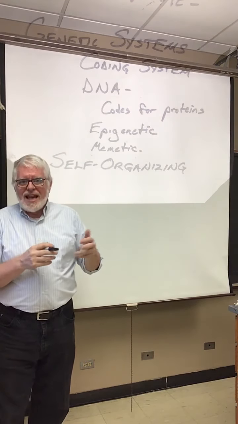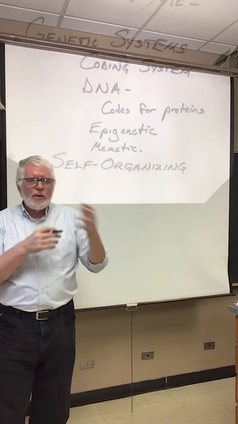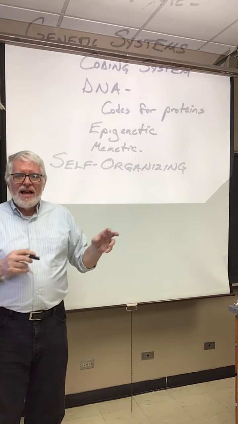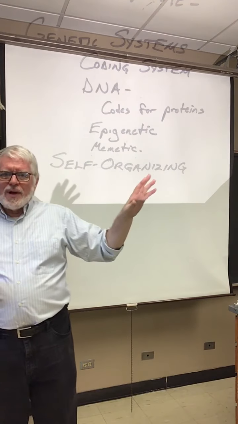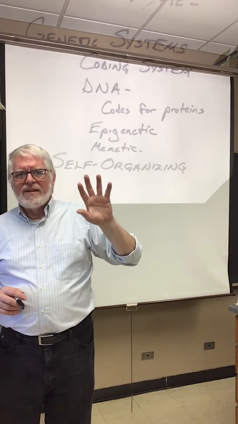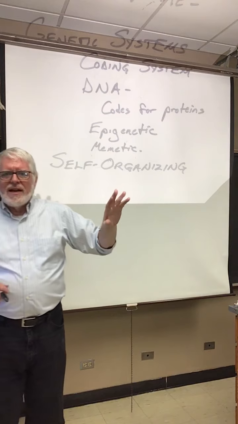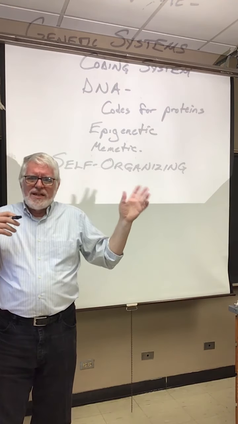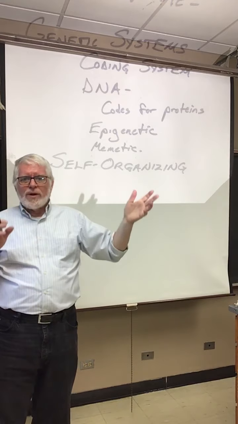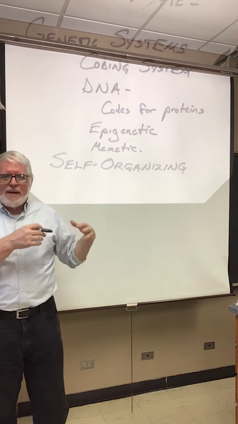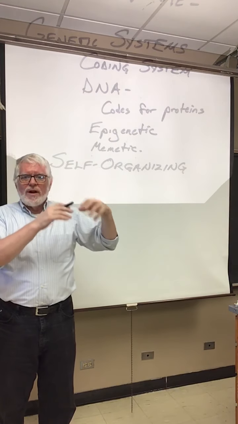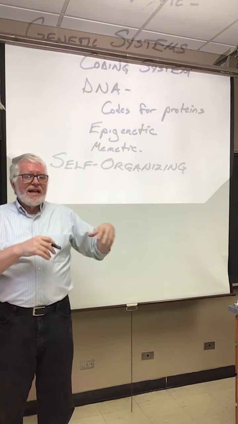It uses the DNA to produce the proteins, but the proteins all have to work together in a very specific way. This is one of the problems that people have in terms of creationism, that they look at the complexities and go, well, that can't just have been thrown together. And of course it wasn't. It was built step by step, bit by bit, to get more and more complicated.